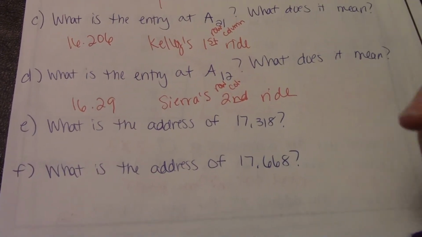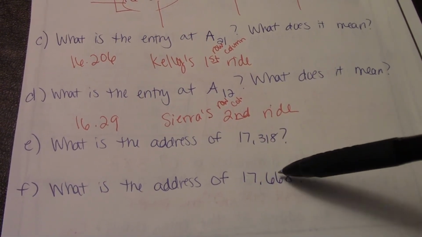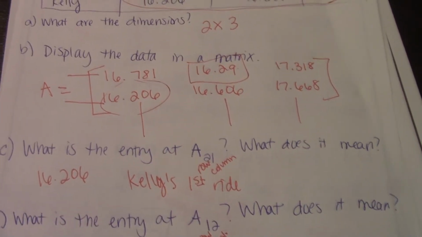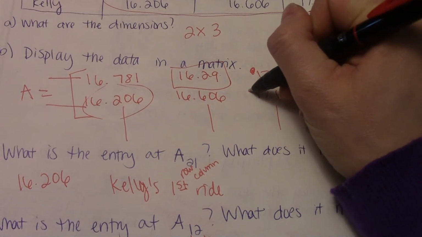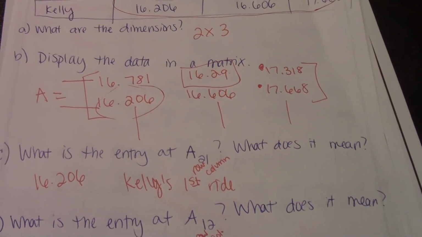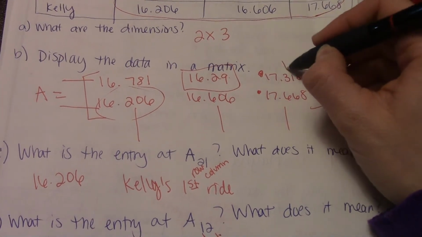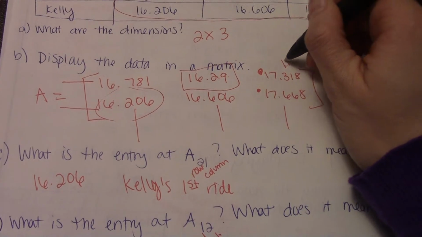Now I've given these two, we want to know the address for 17.318 and 17.668. So 17.318 is here. 17.668 is here. So this one, we are in row 1, the top row. So this is 1, and then we are in the 1, 2, third column.